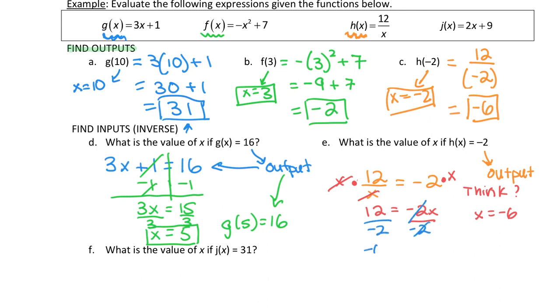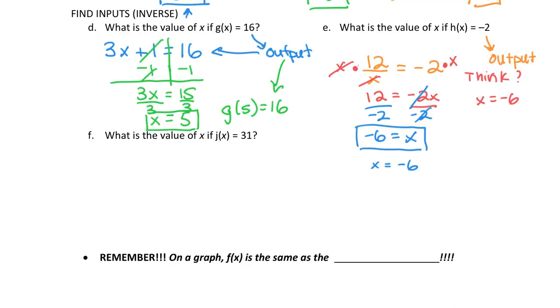And that's what's going to give me x equals -6. So some of you, like I said, might be able just to think about it, and some of you might need to do it the long way there.